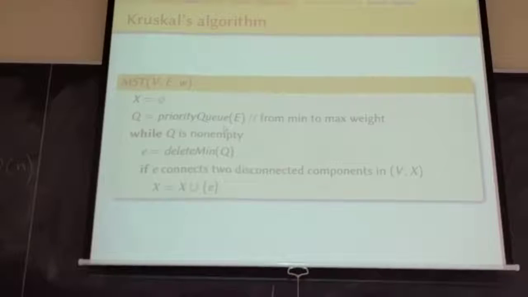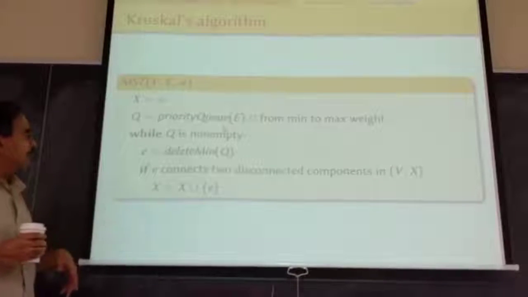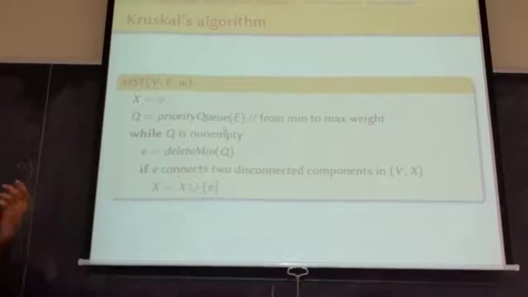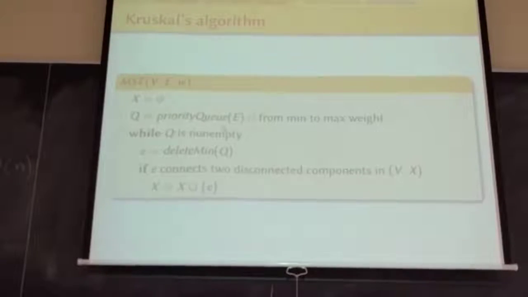Okay. So Kruskal's algorithm itself is quite simple, right? It basically picks the edges from minimum to maximum, right? And it will pick that edge if it's useful, which means that it's connecting two parts of the graph that are not yet connected. Then you will keep it. If it's not useful, in the sense that it's connecting two nodes that are already within a connected component that you have built so far, well, then you just discard it and go to the next one, right?